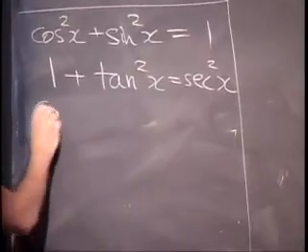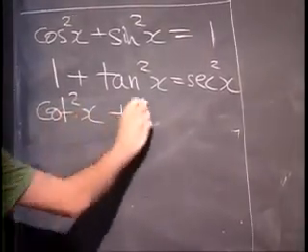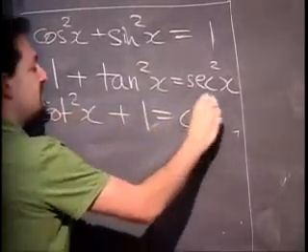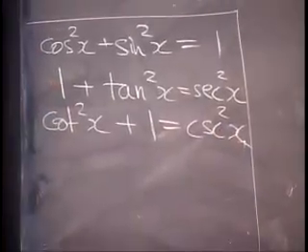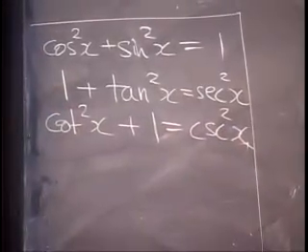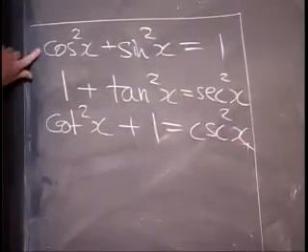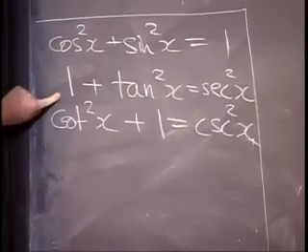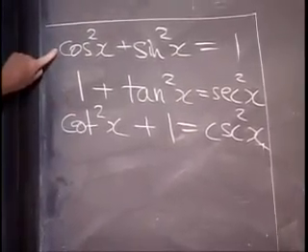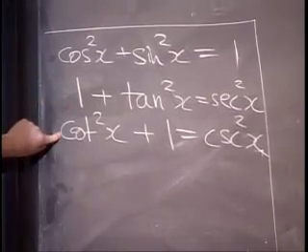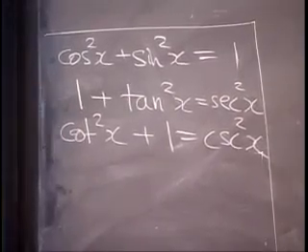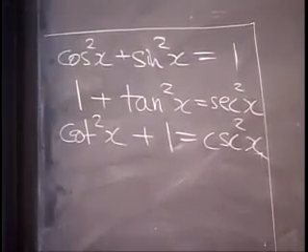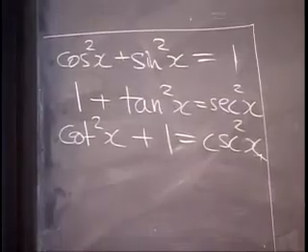And you have cotangent squared x plus 1 is cosecant squared x. I wrote them in a somewhat eccentric manner. Actually, if you take this one and divide by cosine squared, you get this one. But if you took the original and divided by sine squared, you get this one. That explains the order that I wrote these things in. Anyway, these are essential.